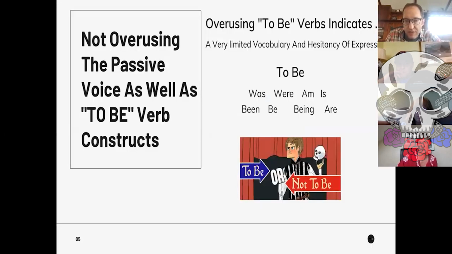So here's another thing that we talk about in the Nuance Academy, and I'm only presenting to you a few things. This is chock full in the master class, but students need these things in order to become real, girthy writers. We want them to have some pizzazz when they write. So to be verbs. Oftentimes students overuse to be verbs.